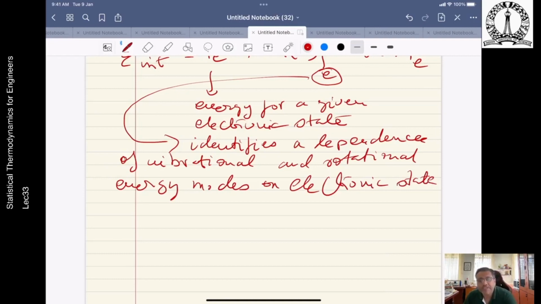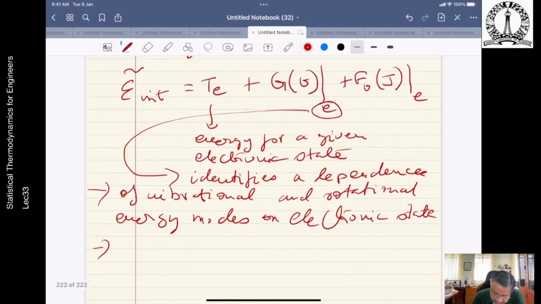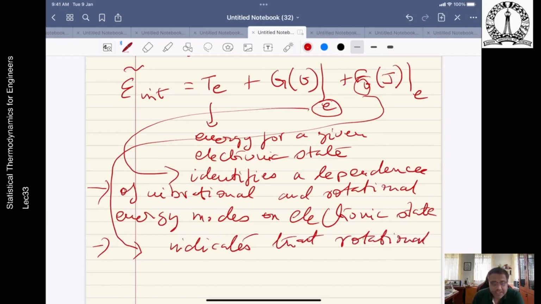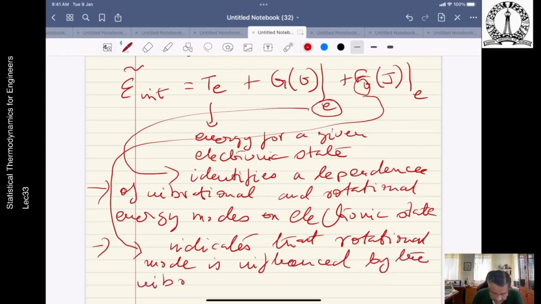And the subscript V indicates that the rotational energy mode is influenced by the vibrational energy mode.